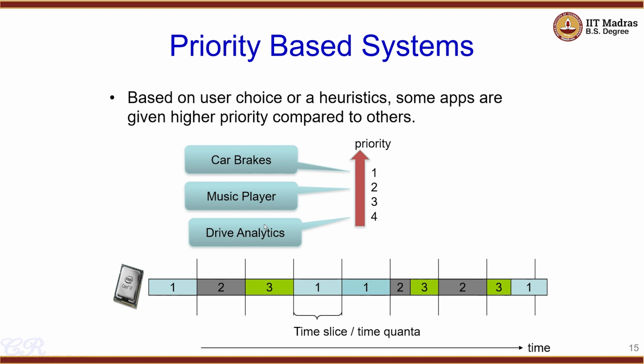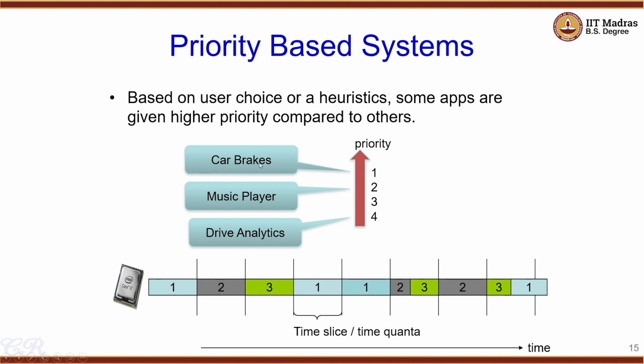We have these three applications executing at a time, and each of these applications wants to execute on the CPU. So how do we prioritize? How does the OS decide which of these three applications it should choose to execute on the CPU? We clearly see that there are some priorities.